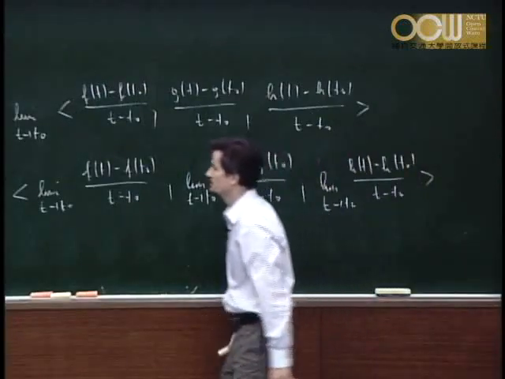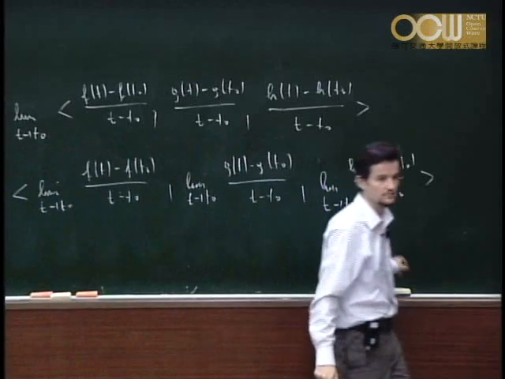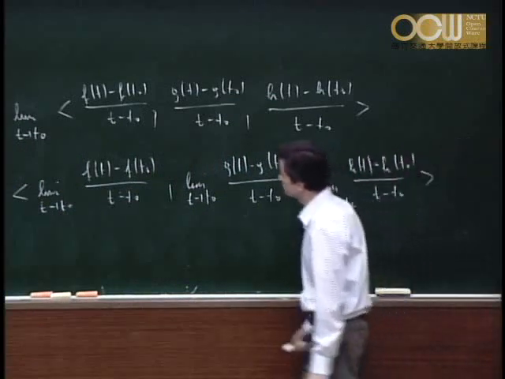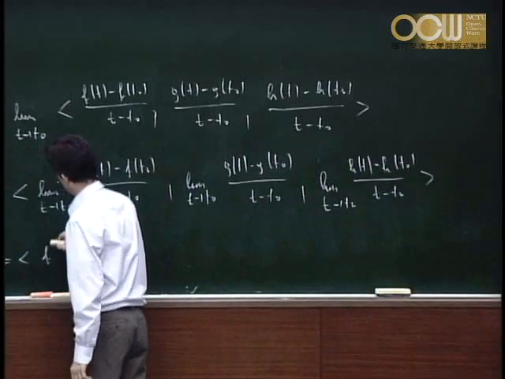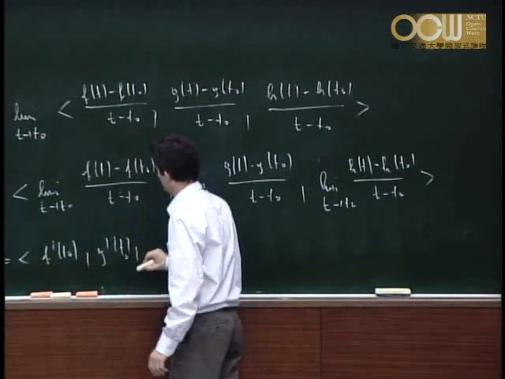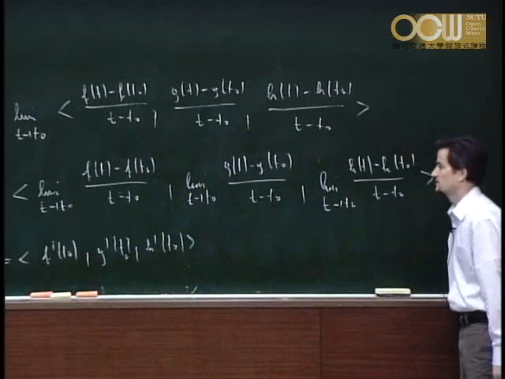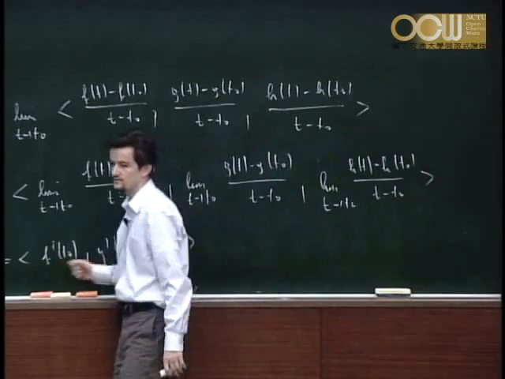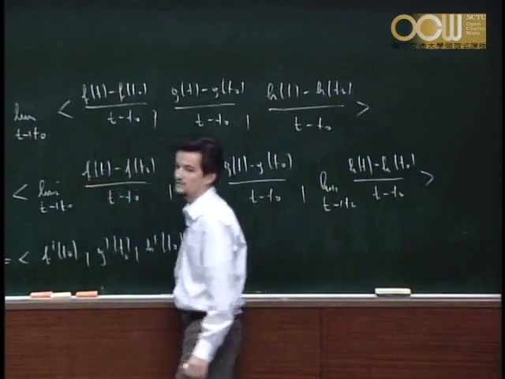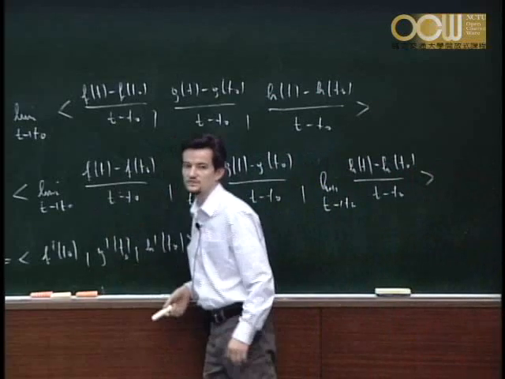So this means that a vector function is differentiable at t0 if and only if all three component functions are differentiable at t0, and we can compute the derivative just by looking at the component functions and taking the usual derivative, which we have discussed last semester, and considering this vector function here. So a vector function is differentiable if and only if all the component functions are differentiable, and the derivative is given by this easy rule here.